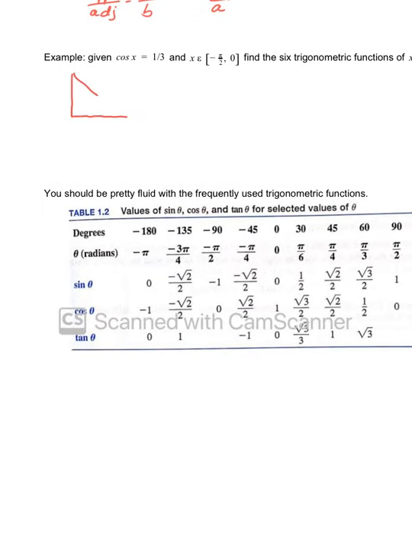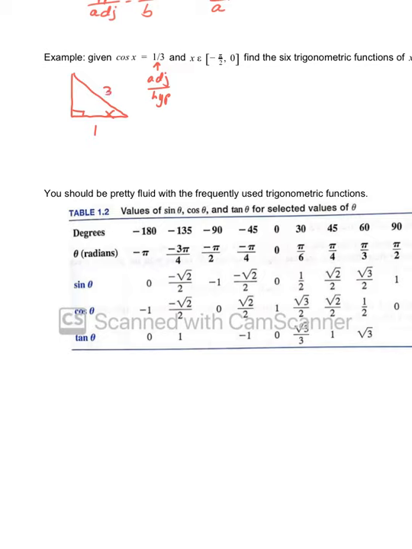I'm going to put on this right triangle an angle x. And I know that cosine is the same thing as adjacent over hypotenuse. So I know that the adjacent side to x needs to be 1 and the hypotenuse needs to be a 3.